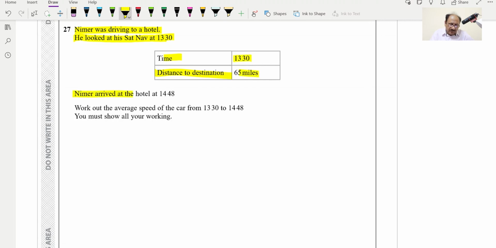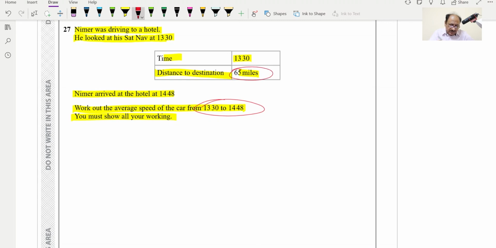And Nimar arrived at the hotel at this time. Work out the average speed of the car from this to this one. You must show all your working. So time difference is what? This is basically the time taken. And distance covered is this one.